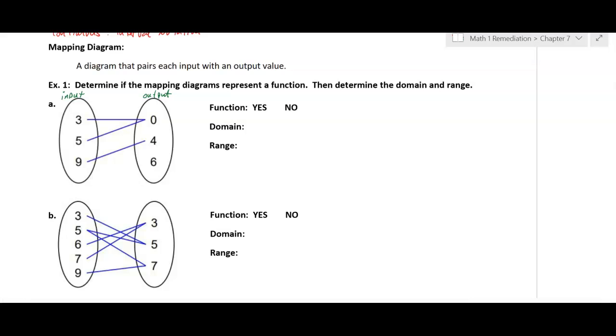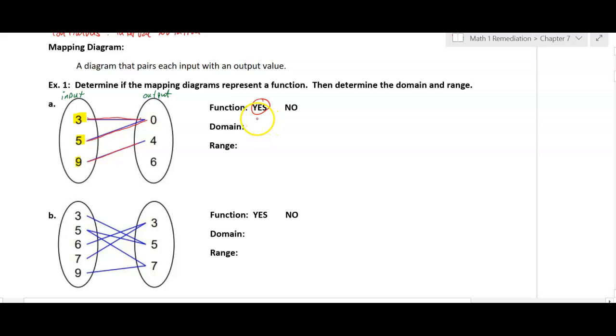I don't want more than one line going from an input to an output. This has one output, this has one output, this has one output, which makes it a function.